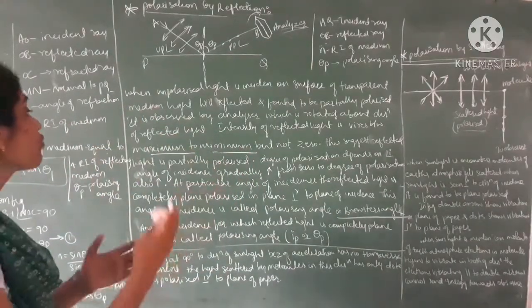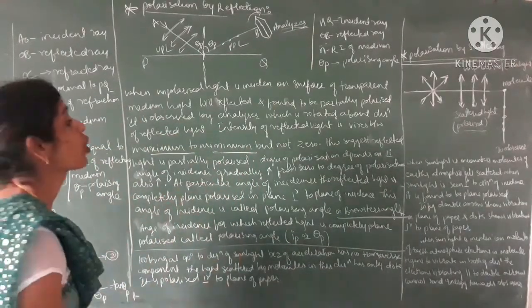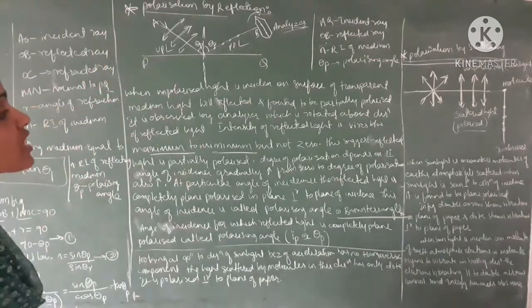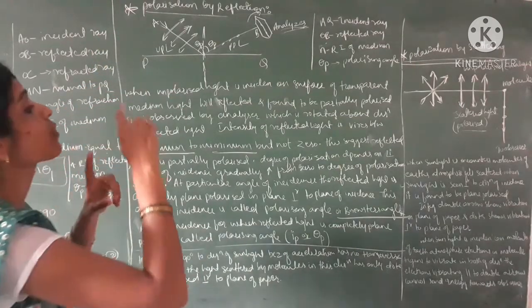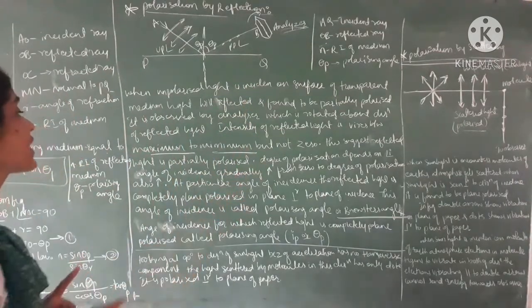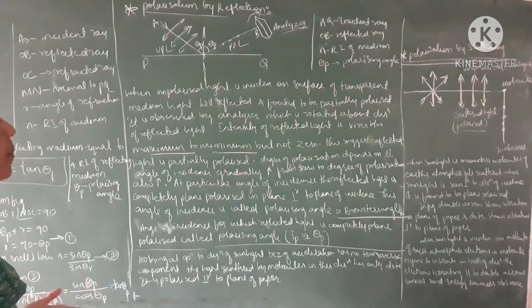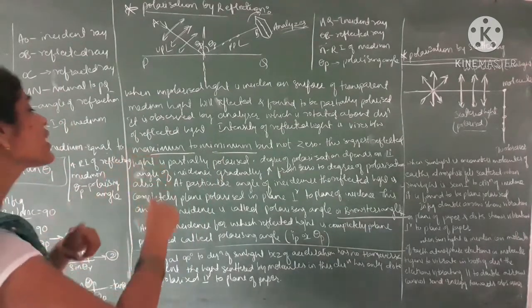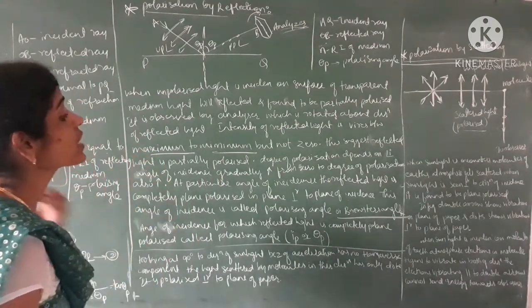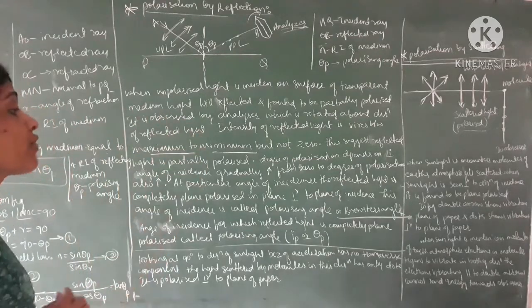This suggests the reflected light is partially polarized. The degree of polarization depends on the angle of incidence and gradually increases as it goes from 0 to the polarizing angle. At a particular angle of incidence, the reflected light is completely plane polarized, perpendicular to the plane of incidence.